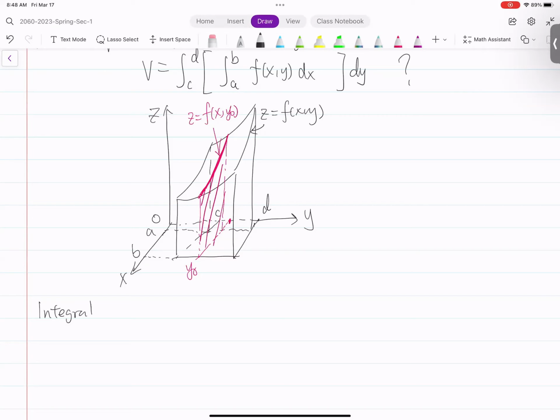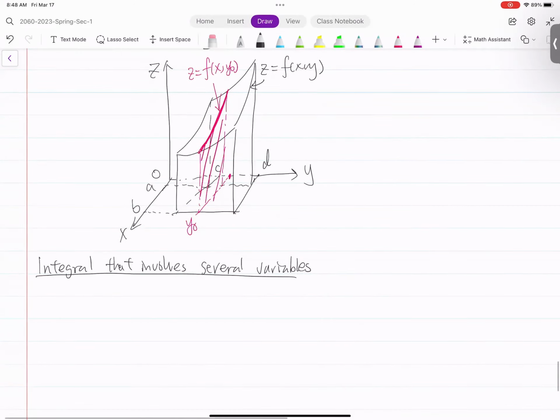Integral that involves several variables. Recall, let's say you have the integral from 0 to 3 of a x squared dx.